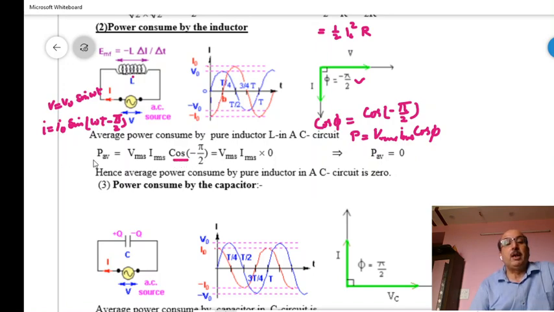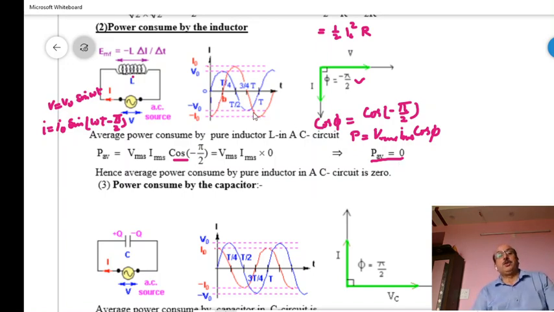So the power dissipation across the inductor is Vrms, Irms, cos minus pi by 2 or Vrms, Irms into 0. As cos minus pi by 2 is 0, so the average power dissipation across the inductor is 0.